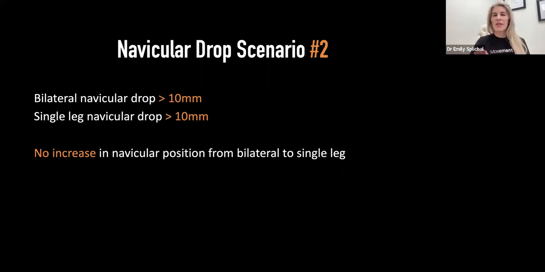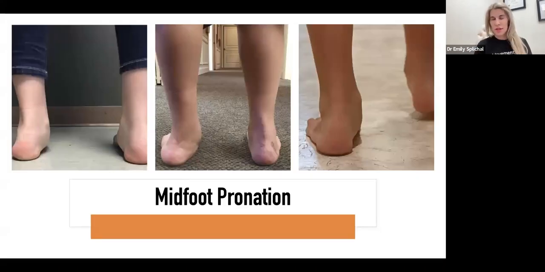It really is the individual that when they go from 2 legs to 1 leg, there's no movement in that navicular position. And that is many times because of a ligament laxity, or they have potentially torn their spring ligament. Okay, so let's take a look at a couple of these pictures here.